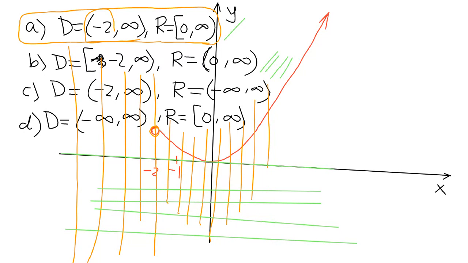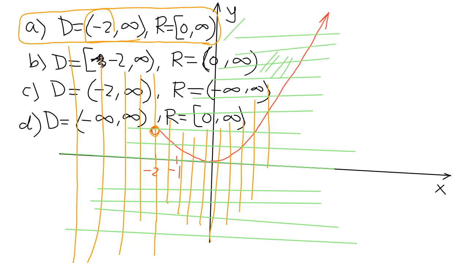Then afterwards, you will intersect the curve until infinity. So the range starts at this point, y equals 0, the x-axis. At this point, y goes to infinity, therefore the range is from 0 to infinity, and we include the 0.